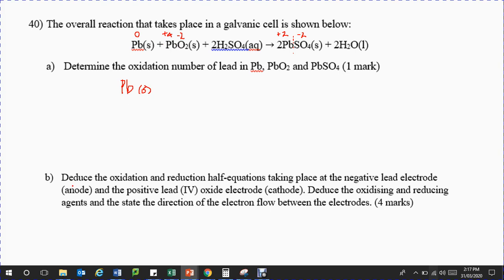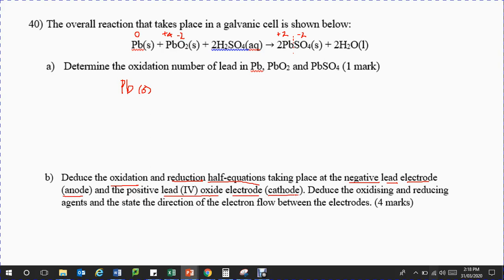Let's have a look at question B. Deduce the oxidation and reduction half equations. We need to come up with each half equation taking place at the negative lead electrode, that's the anode, and the positive lead oxide electrode, which is the cathode.